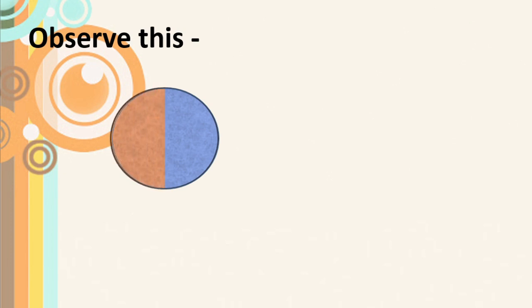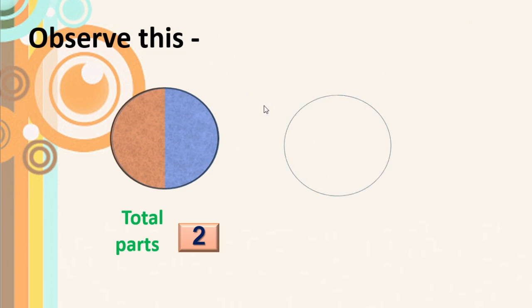Observe this. See here. You know this circle is divided into two colors. How many total parts are there here? Two. Correct? Because it is colored into two different colors. Now here you can see one more circle with blue part and orange part.